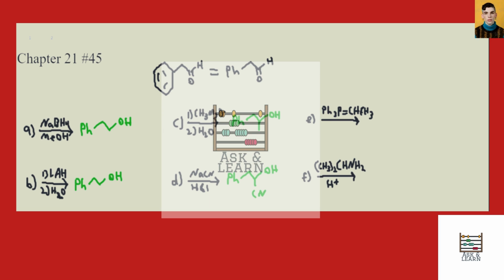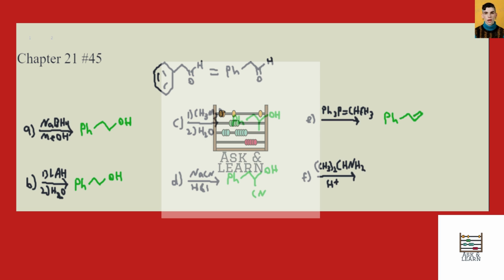For E, this is a Wittig reagent, so we're going to do a Wittig reaction. And so we end up adding what's attached to the Wittig reagent. So we have a new double bond that's formed here.